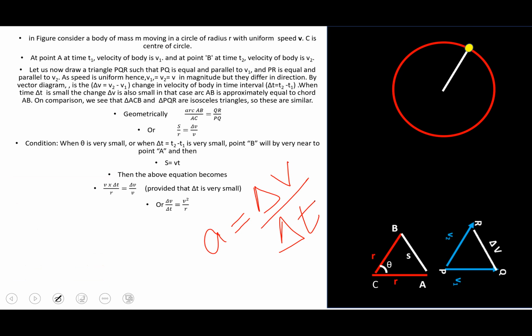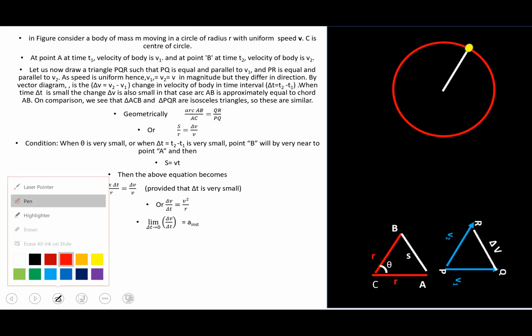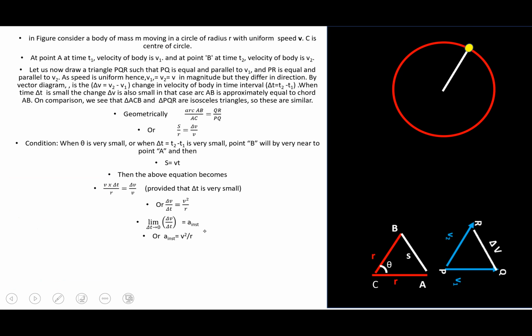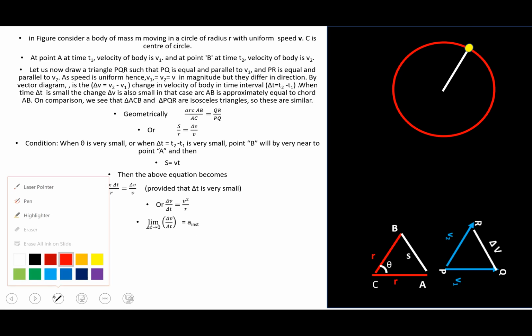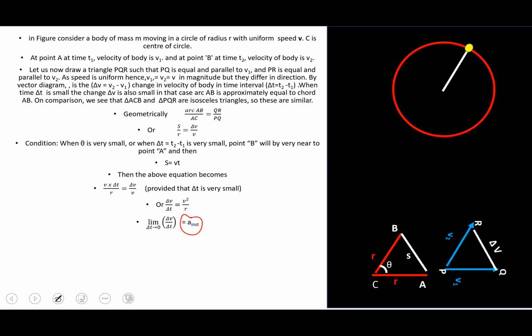By the definition of acceleration, if we take the time for which the body is moving to be very small, then in the limit delta t approaching 0, delta V over delta t will be equal to the instantaneous acceleration. Here a_inst stands for instantaneous acceleration. So we can say acceleration at this point is represented by a_inst.